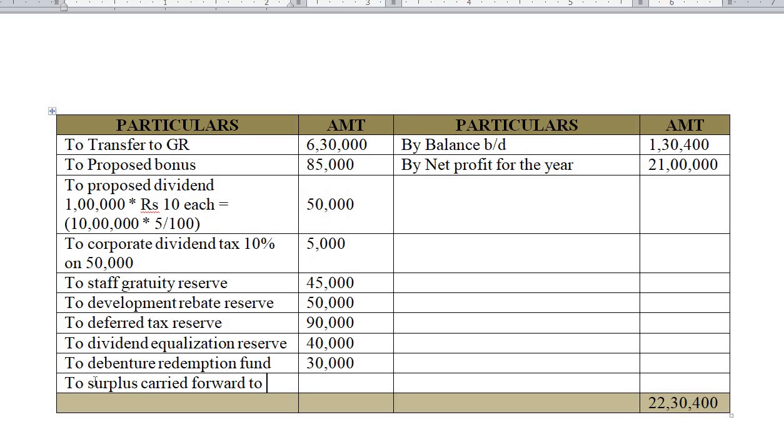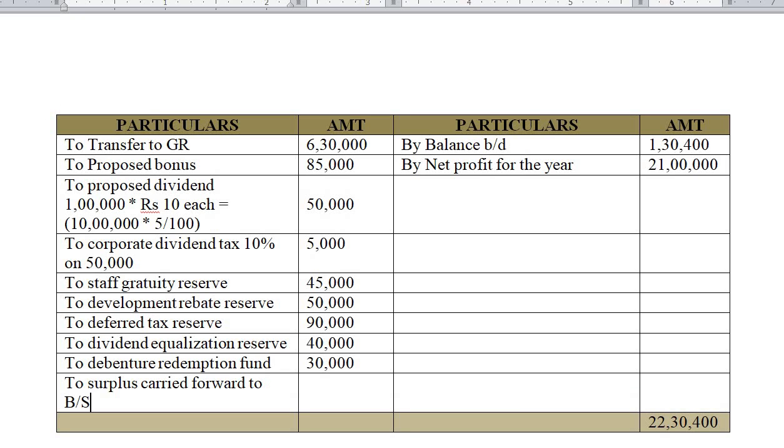Whatever amount you're getting as a balance will be carried forward to the balance sheet. When you do all the calculations, the amount you will get is 12,05,400. How did you get that? 22,30,400 minus the sum of all these items. So this will be the surplus which will be carried forward to the balance sheet.